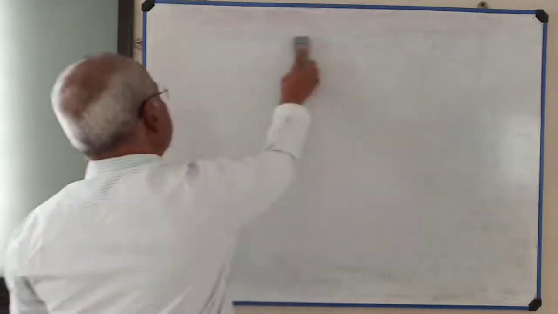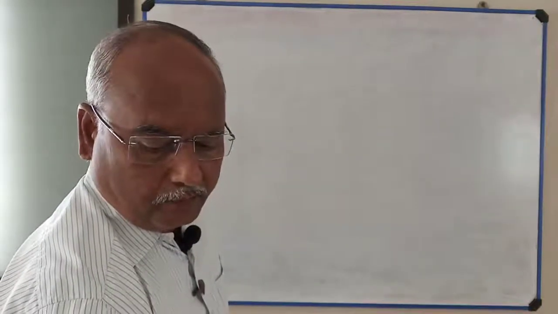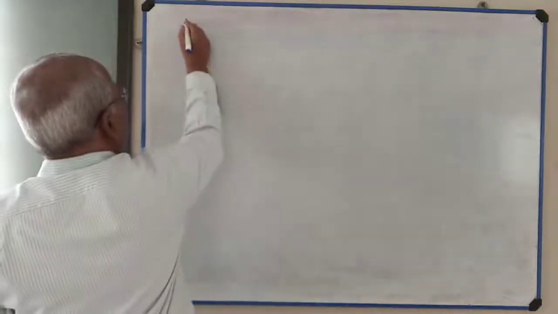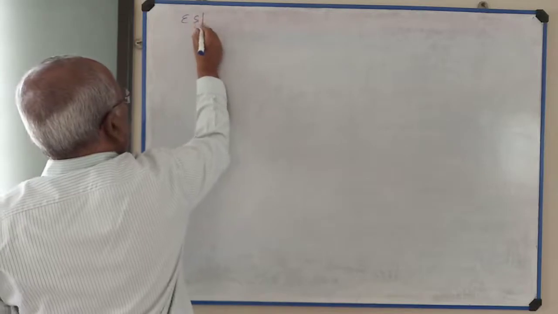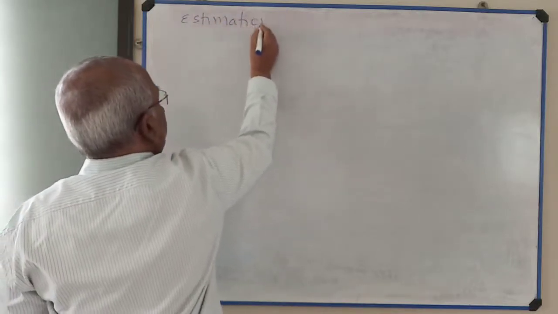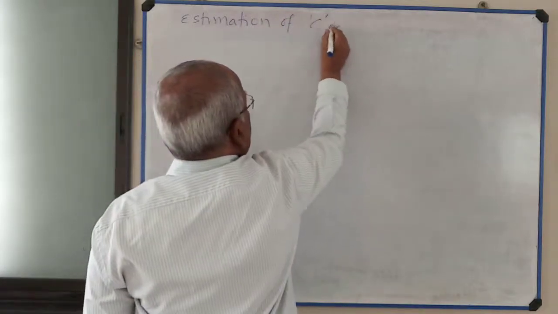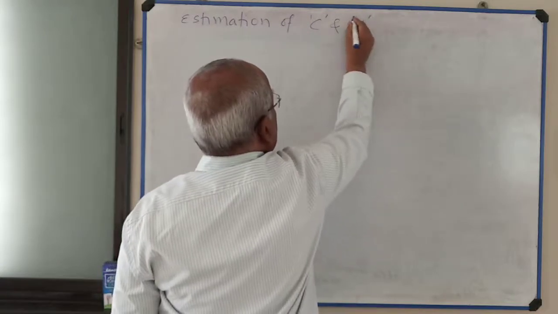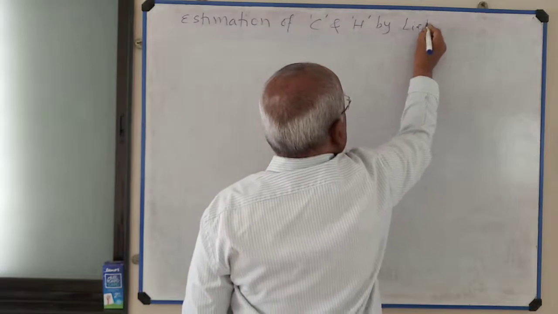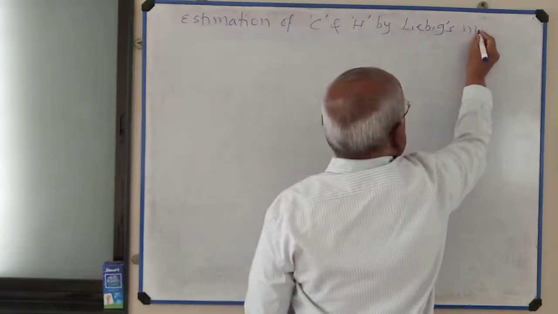So I am not going to explain in detail. Here I write the heading: estimation of carbon and hydrogen by Liebig's method.